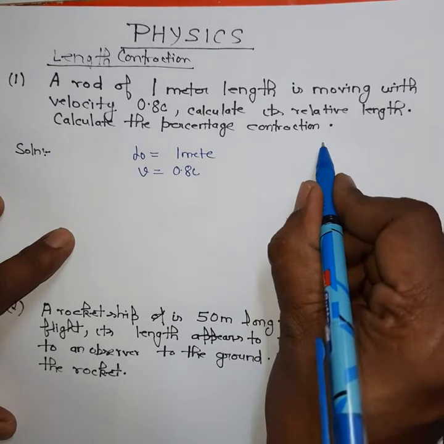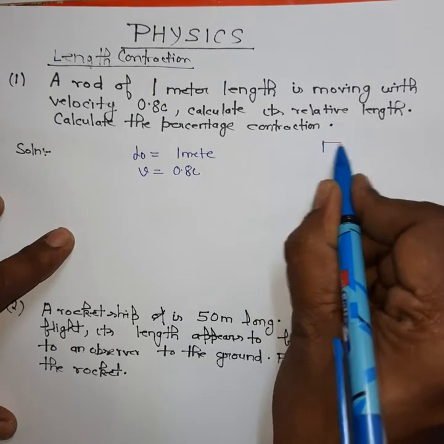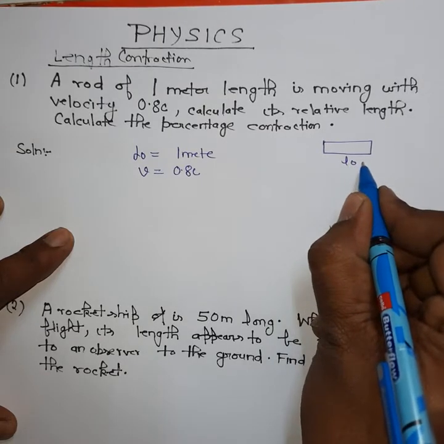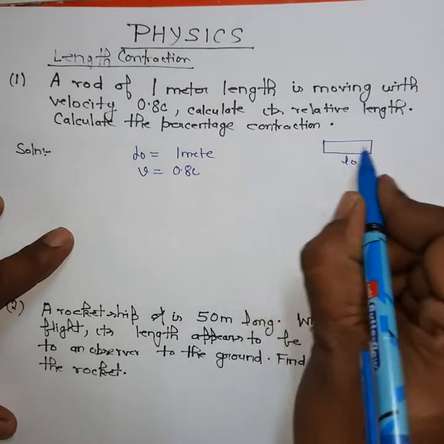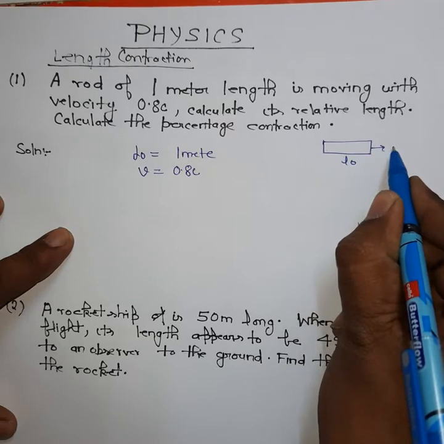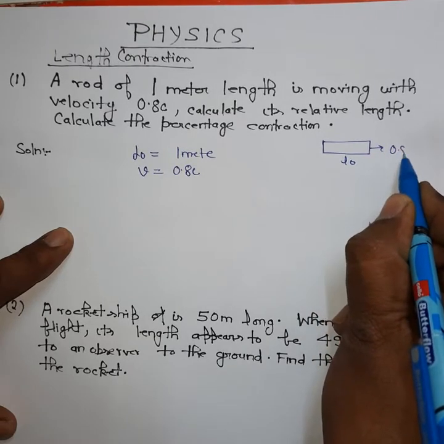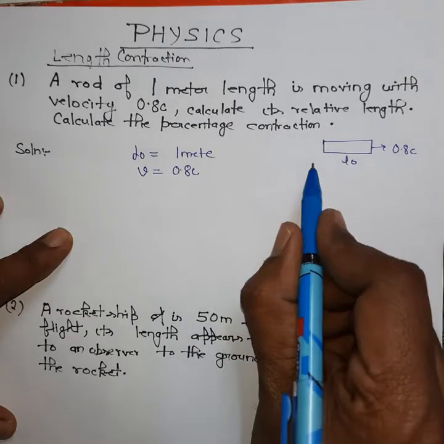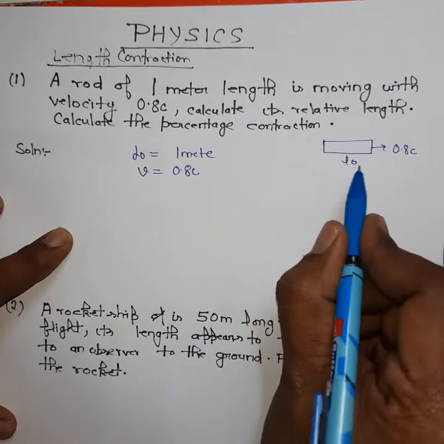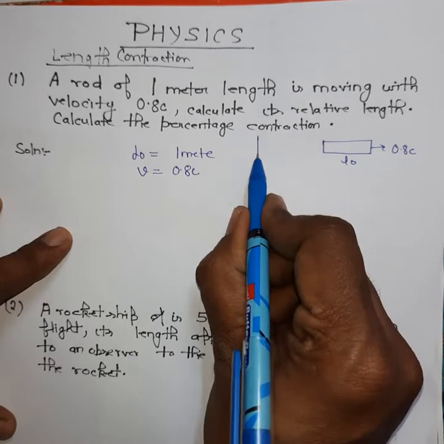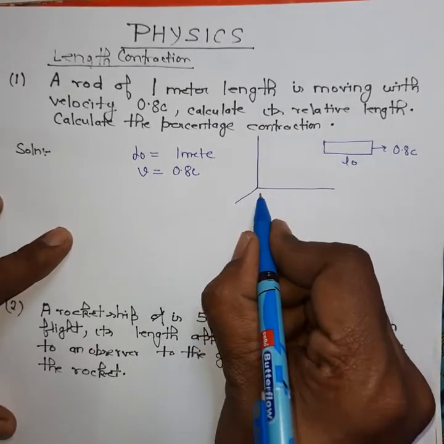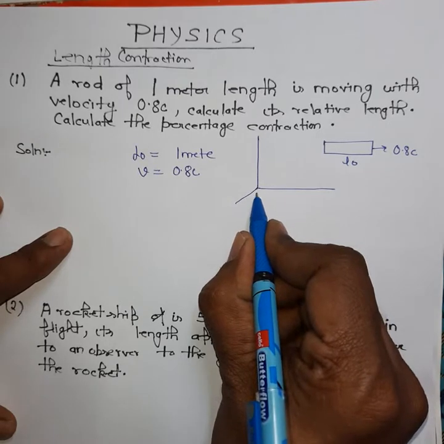So let's assume that there are two observers. Let's suppose that there is a rod of length L0, that is 1 meter, and this rod is moving with velocity 0.8 c. So you have to calculate its length relative to an observer which is at rest.